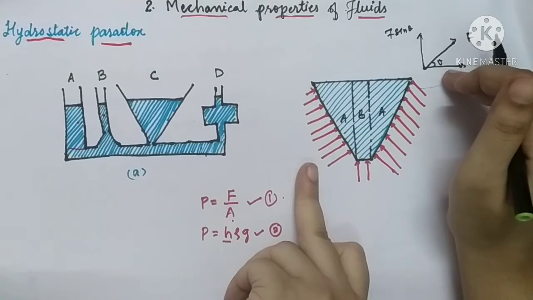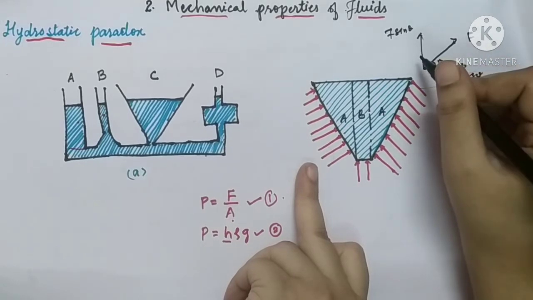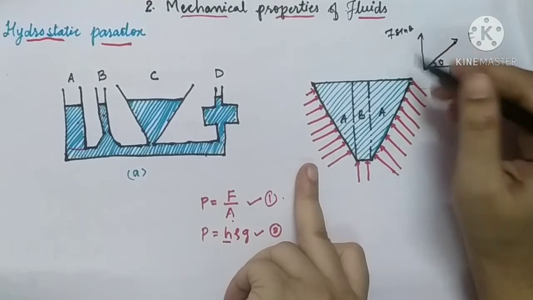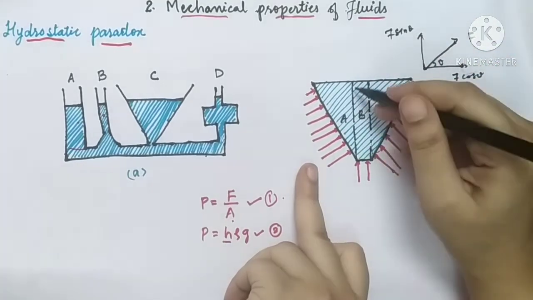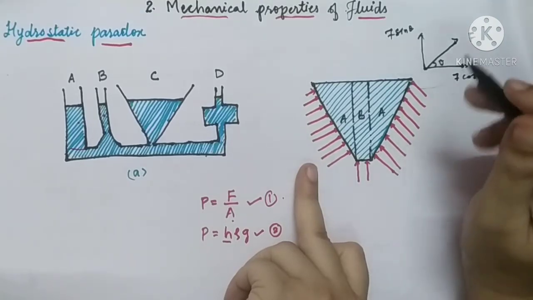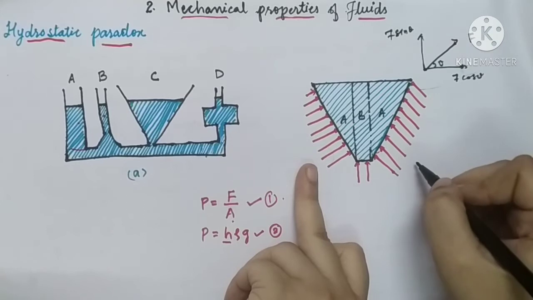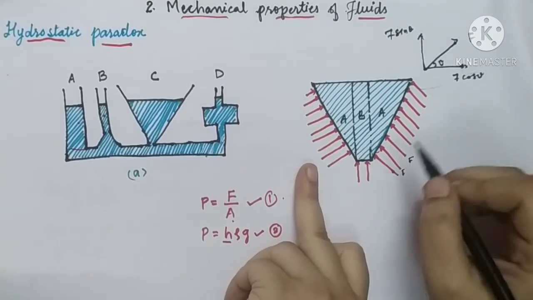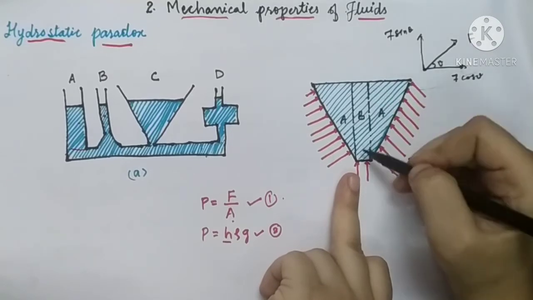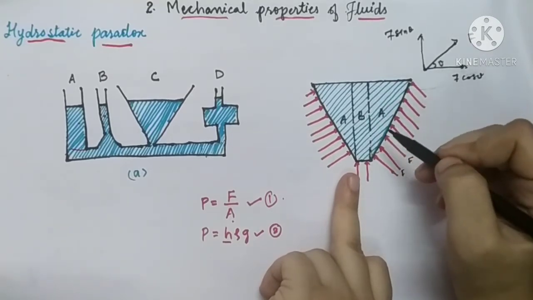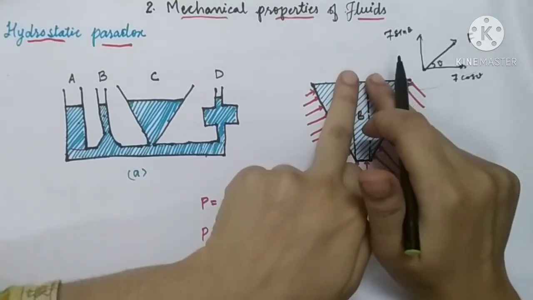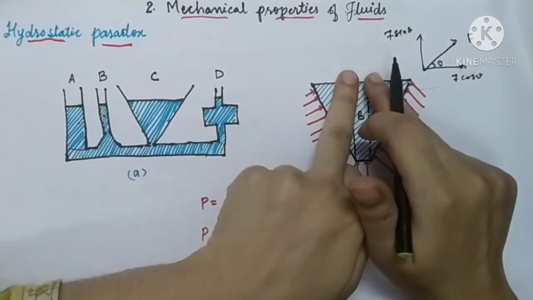The horizontal component does not mean anything here. The vertical component, F sin theta, is directed along the vertical line inside the container. It means that because of these forces, the vertical component will act on the liquid, and this vertical component will force the liquid to increase the height of the liquid level.